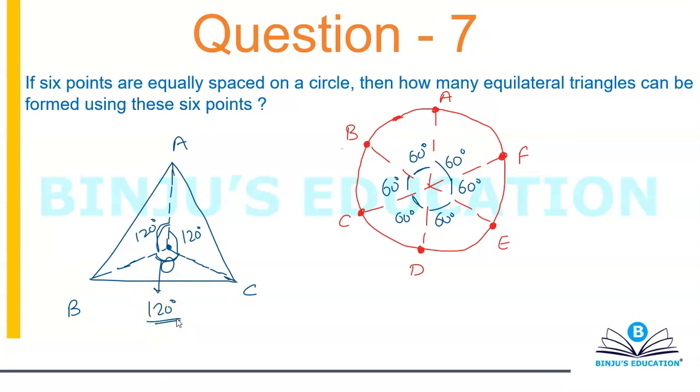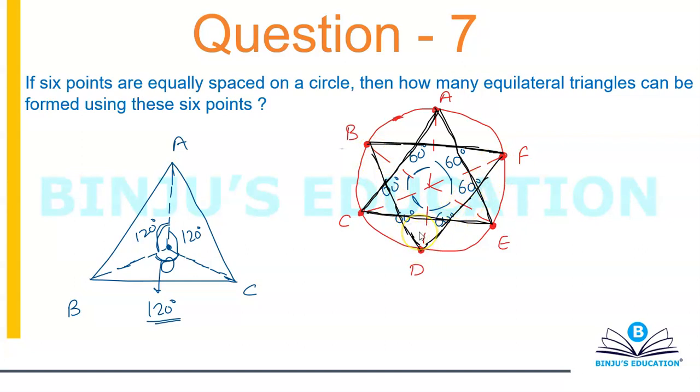So this question is entirely based on the concept of geometry. It has nothing to do with PNC. So if you want to draw equilateral triangles, then one will be ACE, and another will be BDF.